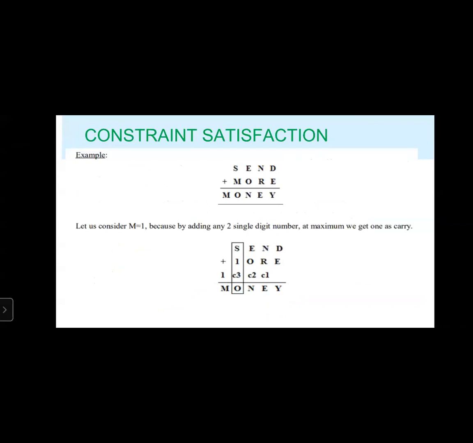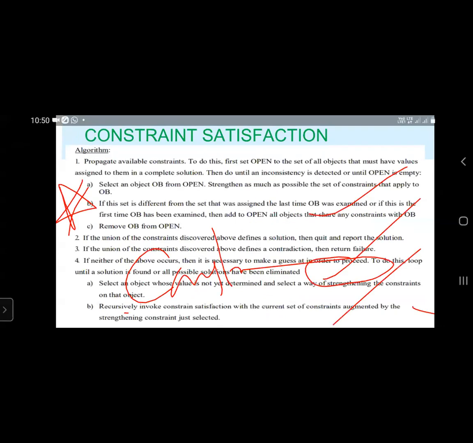For example, SEND plus MORE equal to MONEY. This is the algorithm for constraint satisfaction, a very important topic.